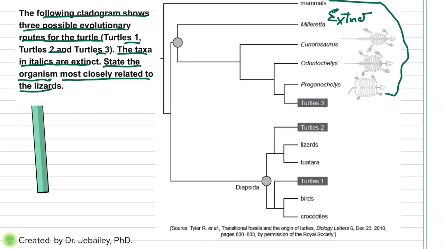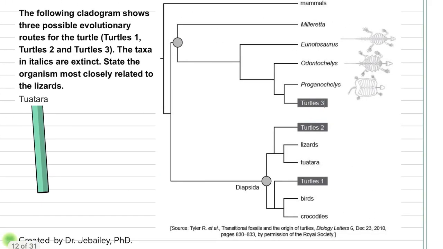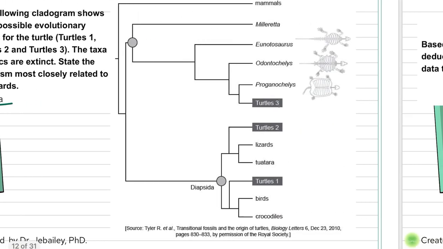Searching for the lizards, I have to find what is most related. Here they have a common ancestor, so they did a recent split into Tuatara. Tuatara here is the most closely related. As you can see, they both have a very recent common ancestor in this case. So let's see the answer here. Yes, it's Tuatara.